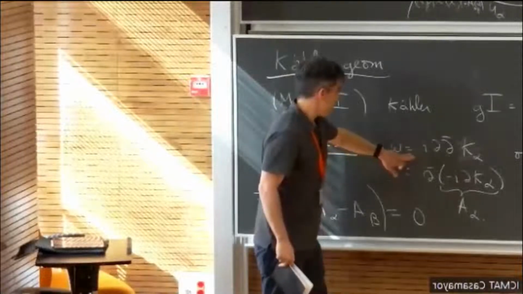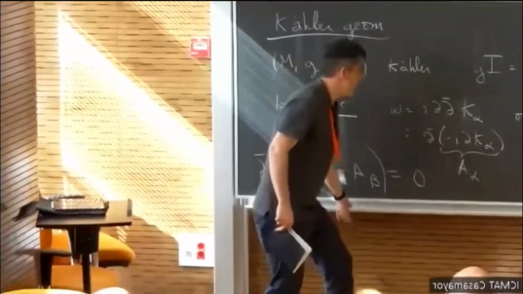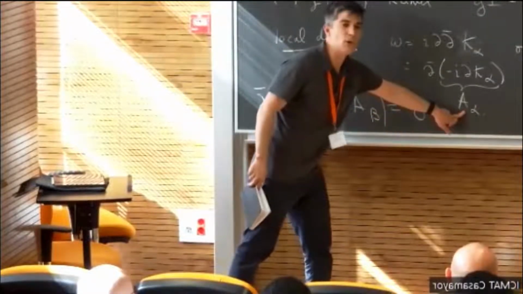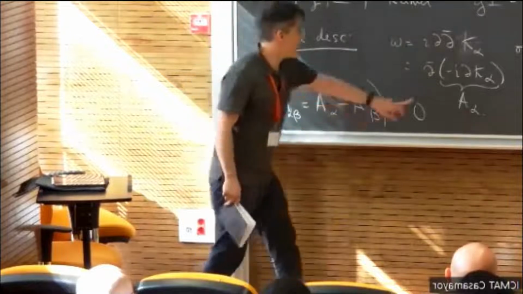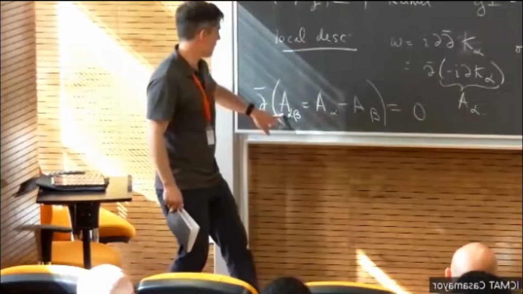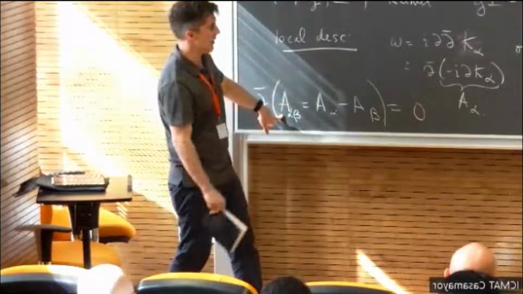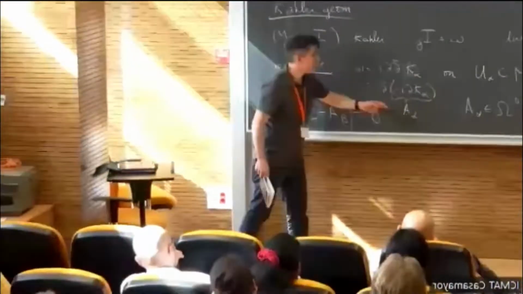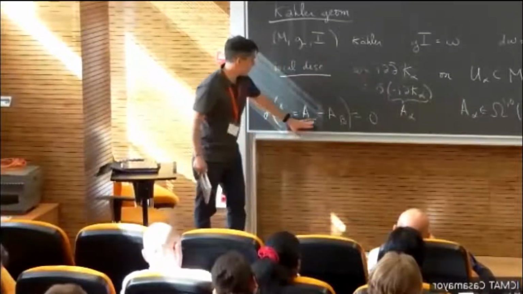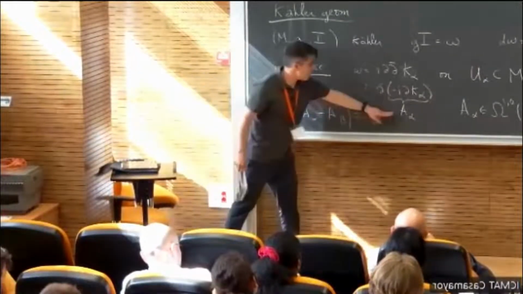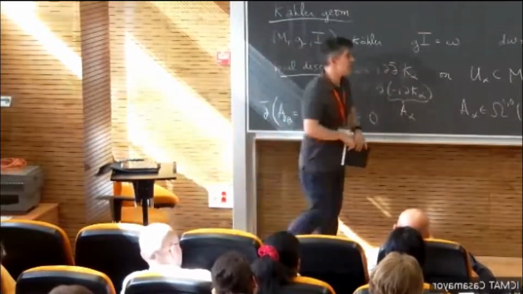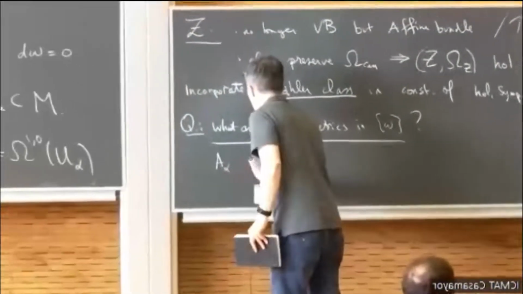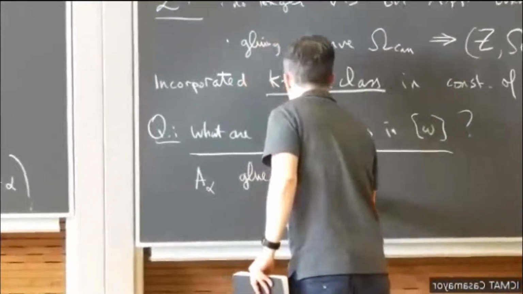You see, originally we had these A alphas, and these A alphas were only locally defined. And their difference is this A alpha beta, which I used to glue to produce Z. So these used to be only locally defined, but because I made a space from the discrepancy, now these things become globally defined in that space. So the A alphas now glue to A betas.